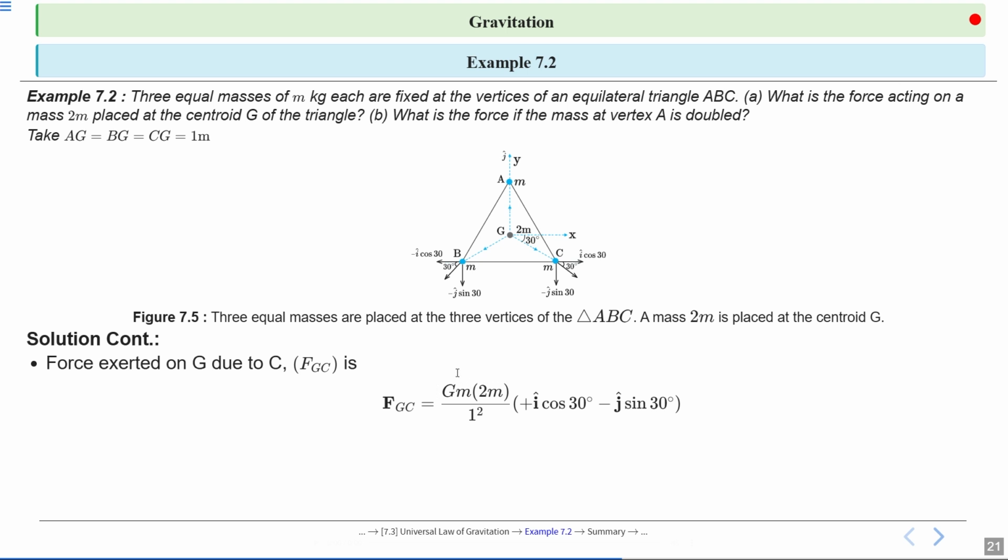So here this is the force exerted on G. Alright. When we resolve the components, so i cap cos 30 and minus j cap sin 30. So it will be FGC equal to 2Gm square into root 3 by 2 i cap minus 1 by 2 j cap.